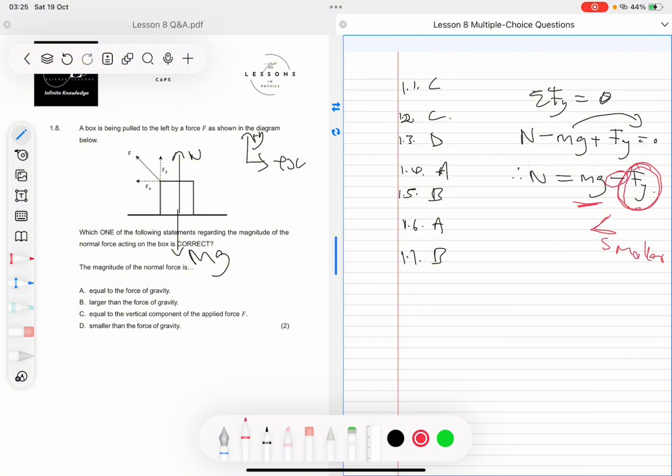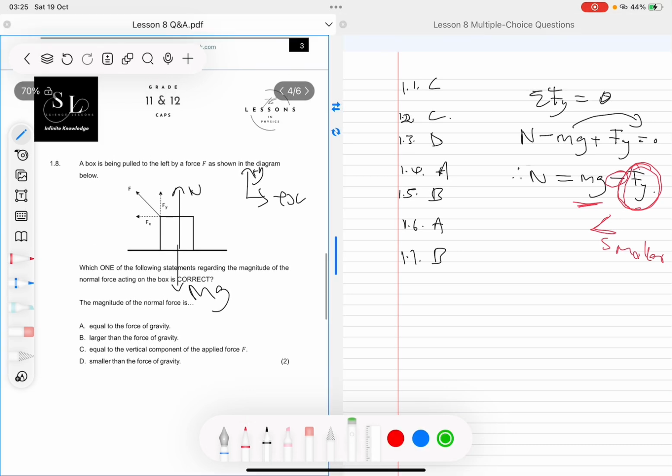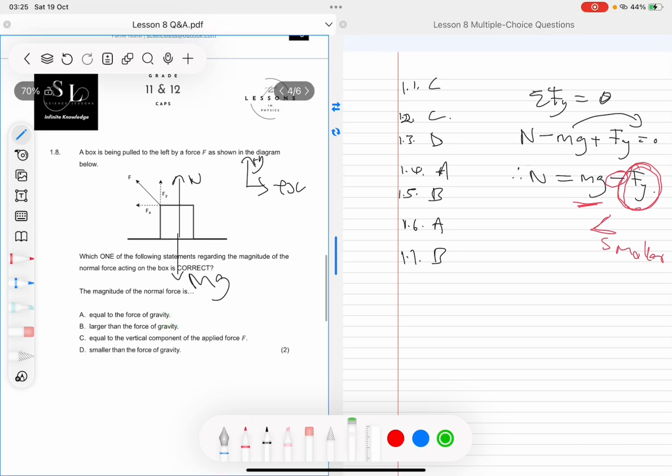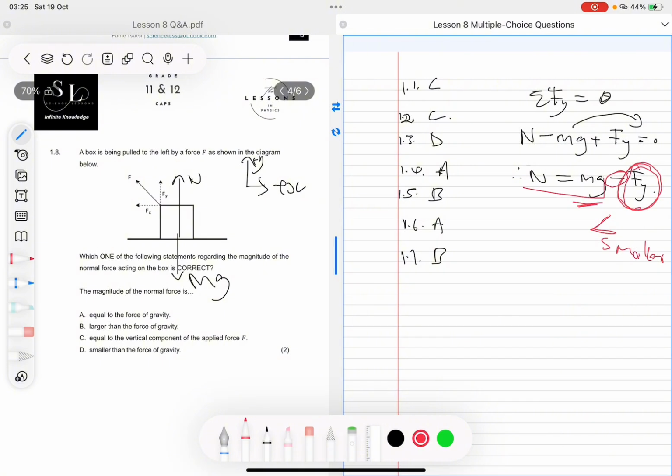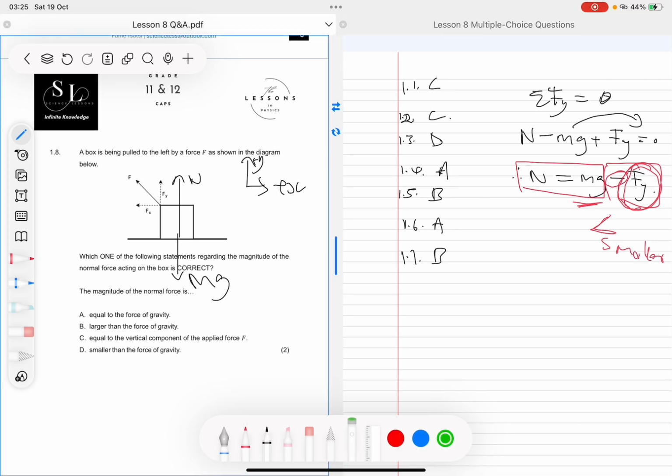So on our options, they say the magnitude of the normal force is equal to the force of gravity. No, they are not equal, right? You can see from this equation that these two are not equal. There's actually another factor that we are subtracting. They say larger than the force of gravity, definitely not larger. We are not adding there.